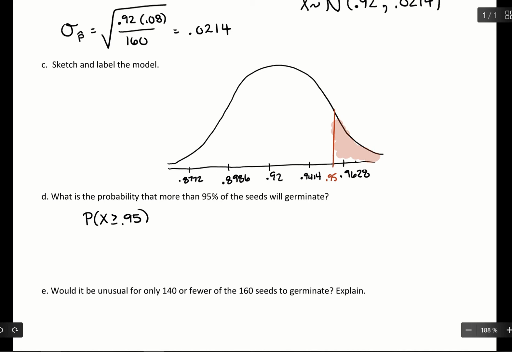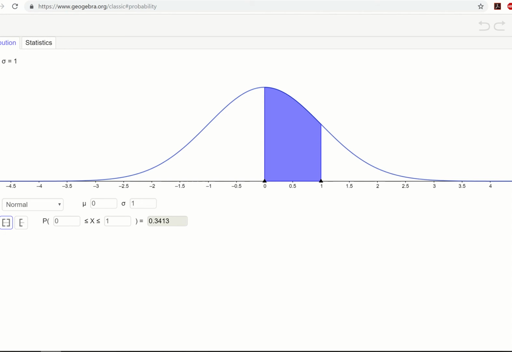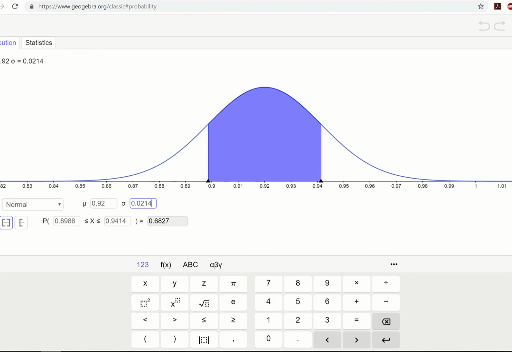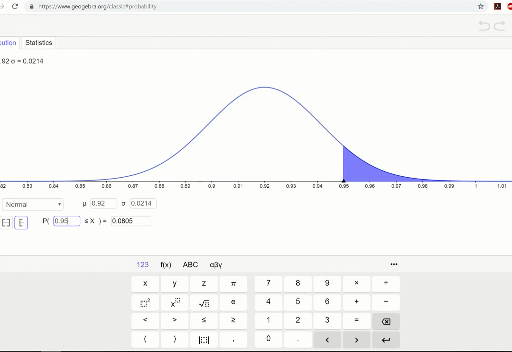With that, we can go to GeoGebra, set up our curve and find this probability. We'll have 0.92 for our mean and 0.0214, and then we want to find the area above 0.95, which is 0.0805.